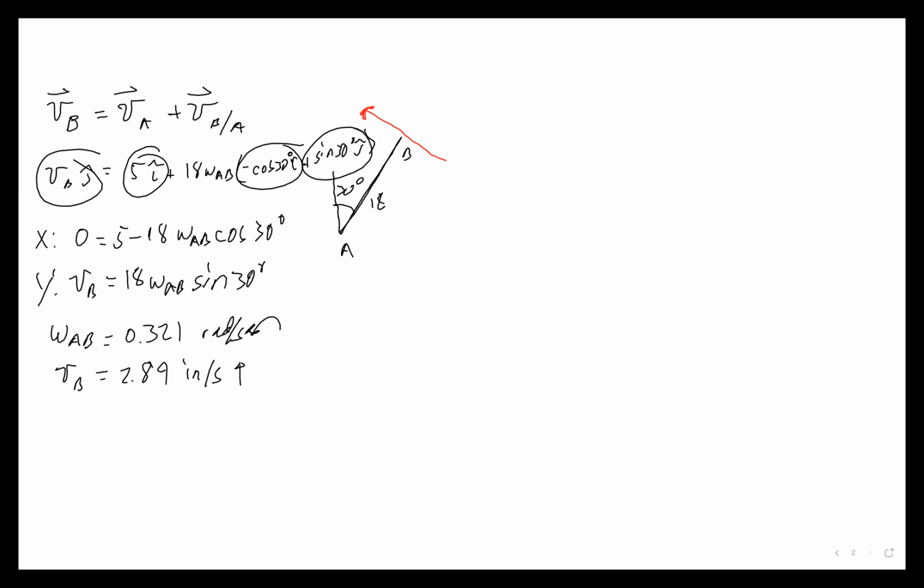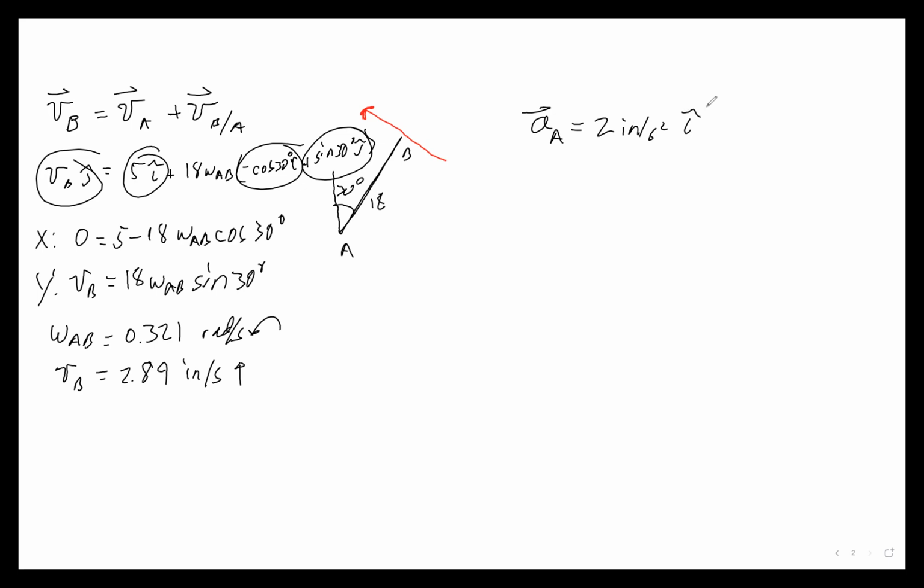But the value is found indirectly due to the fact that they give us at the beginning of the problem an acceleration for point A. They told us that point A is accelerating at 2 inches per second squared in the I hat direction.